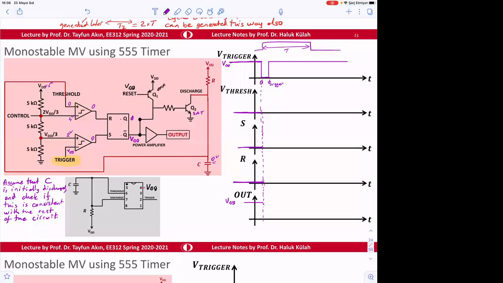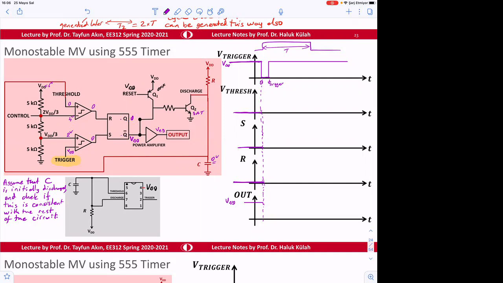So output is VDD because that's the amplifier or buffer. Okay, it will be high. You're right. So things will be settled and then waiting here until the trigger comes. So this is a stable state. Everything is consistent, and this is okay.